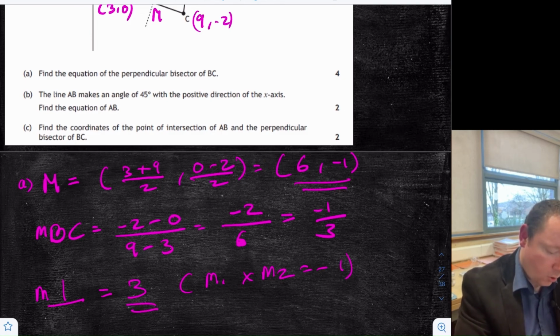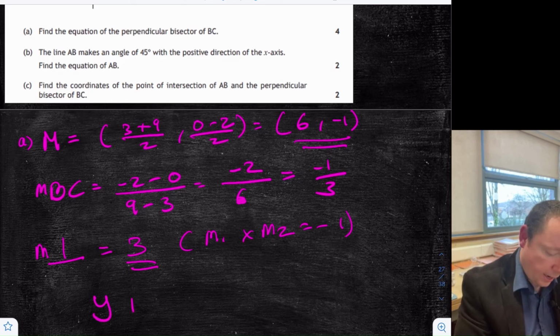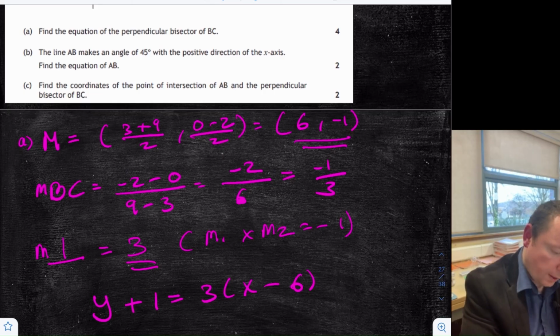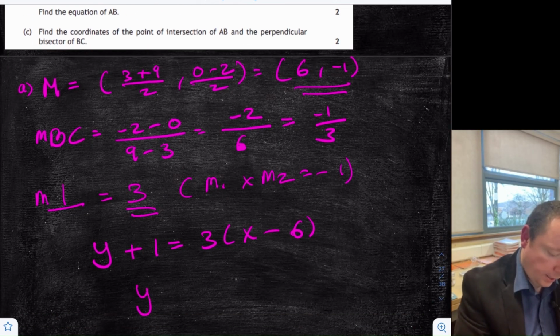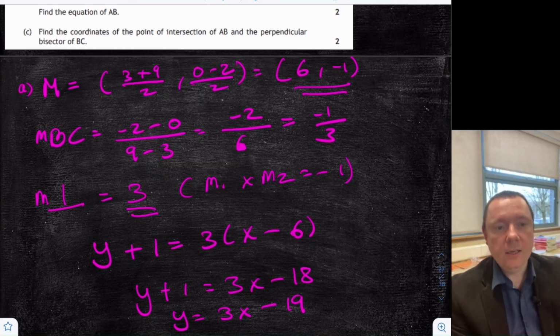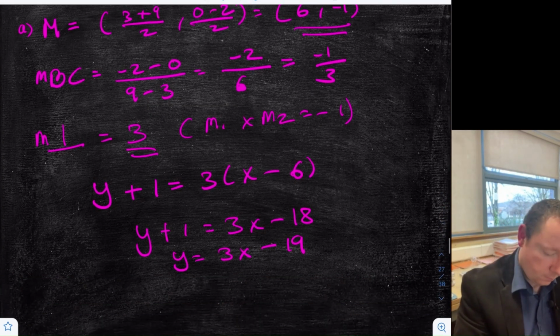And we've also got our point. So y minus b equals m times x minus a. It was minus 1, so it became plus 1. So y plus 1 is 3x minus 18. So y is 3x minus 19. And we've got our mark there.